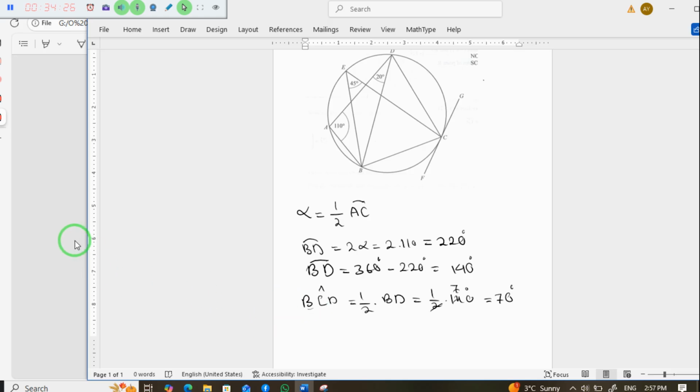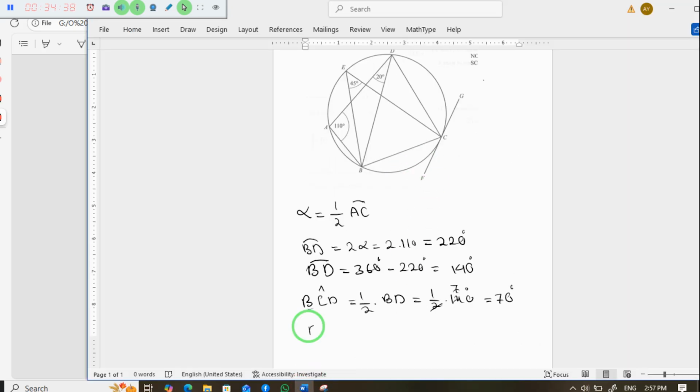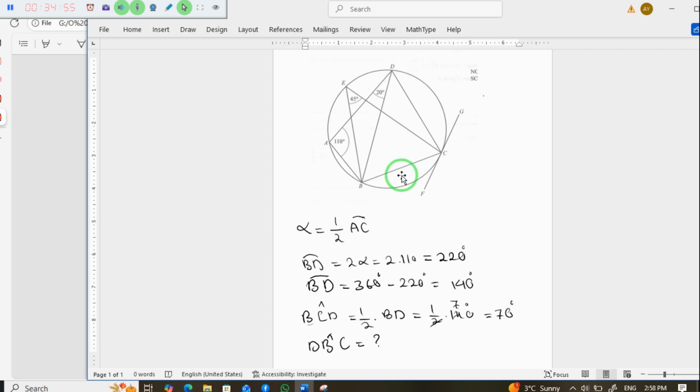Then we should find the angle DBC. We calculate the arc BD, 140 degrees. This is the left side, 220.